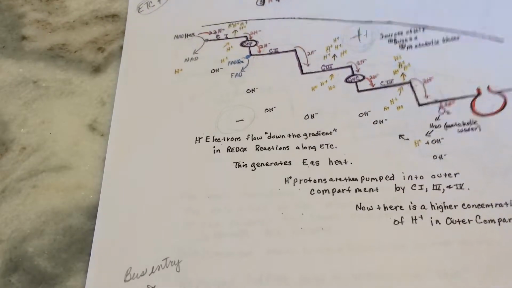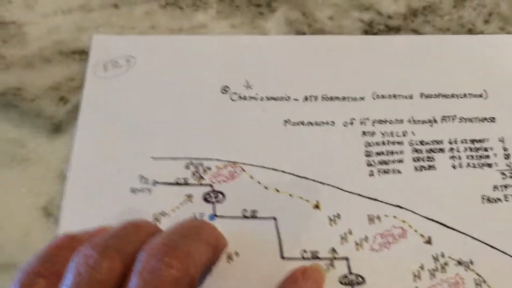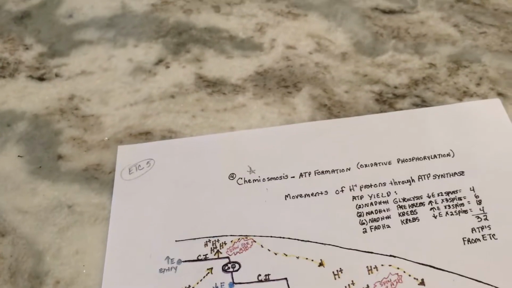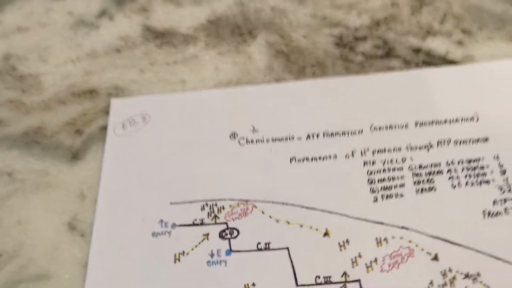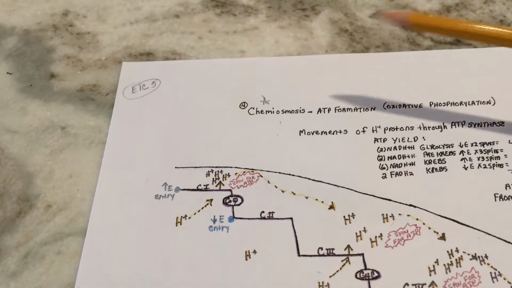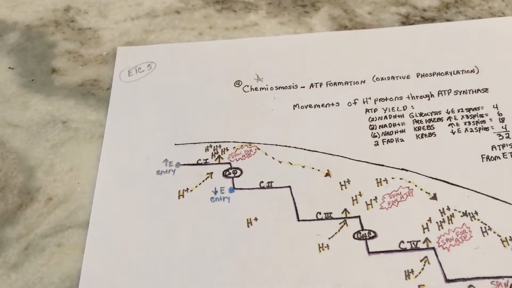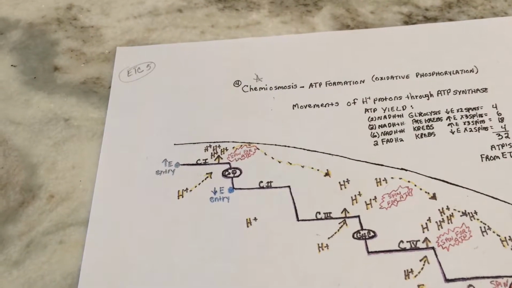Now find your next outline, which says chemiosmosis, ATP formation. All right. So, what we've got are all of these hydrogen electrons that are out here.